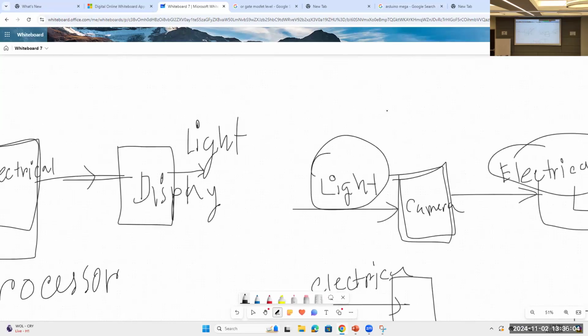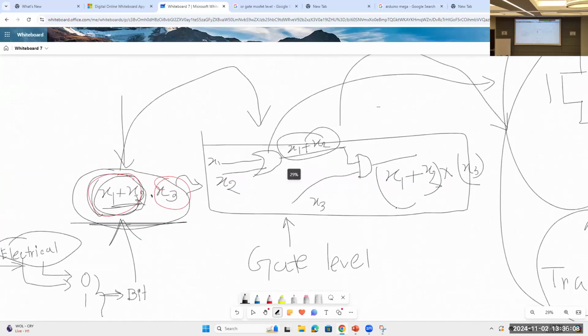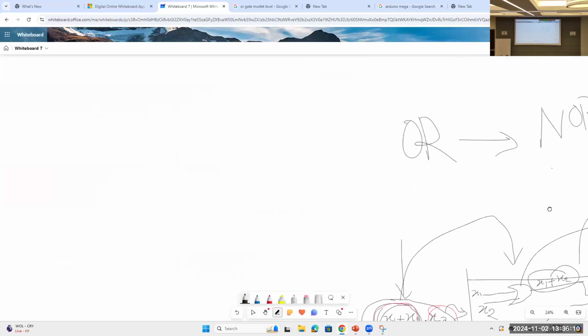So let's go back to our project. Our project is to use a photodiode, which is a light sensor, and we will make an array of photodiodes. We are not using very large scale integration. We have a limited number of photodiodes, so we will be designing a 4x4. What does it mean? There will be 4 rows and 4 columns.